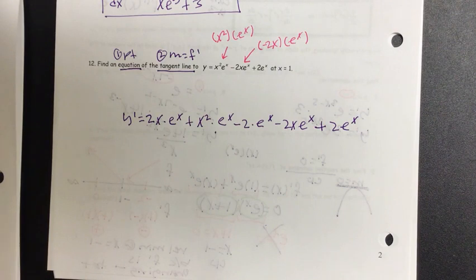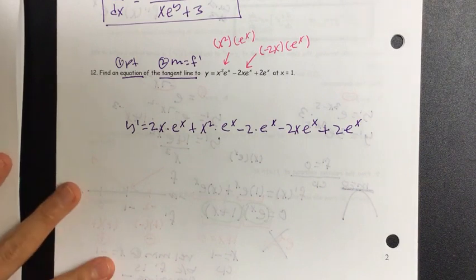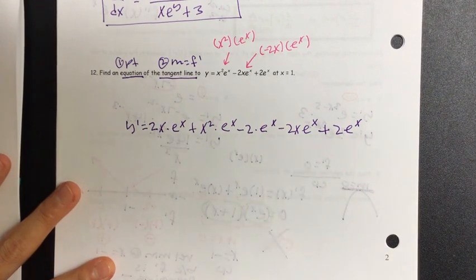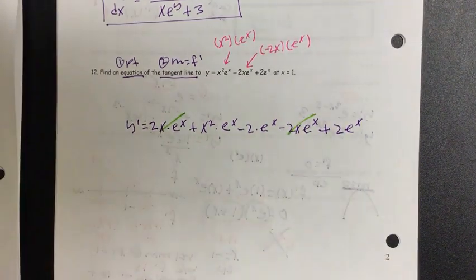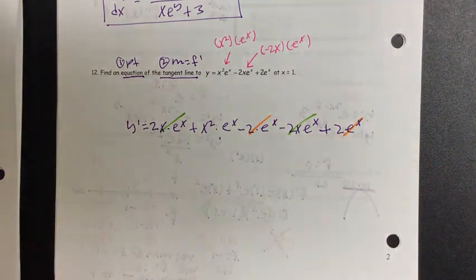Do I have one that's identical, positive and negative? Yeah? Do we see 2x e to the x, negative 2x e to the x? Cross them off. There should be one more. Good. Negative 2e to the x and positive 2e to the x.